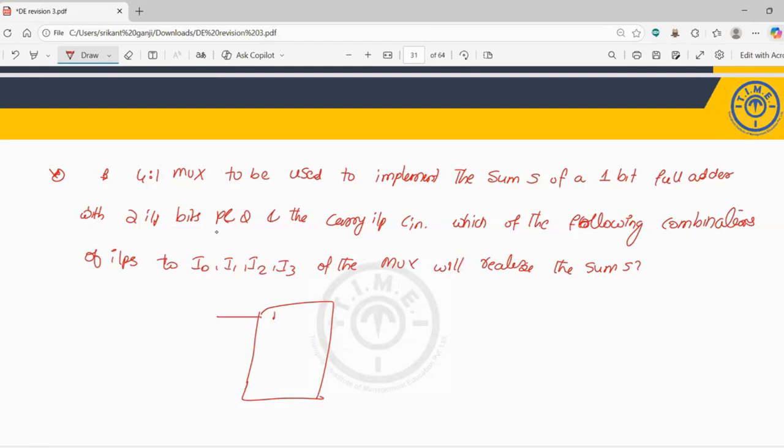This is I naught, I1, I2 and I3. The selection switches are S0 and S1, PQ. Option B is where I0 is equal to I1 is equal to C input, I2 is equal to I3 is equal to C input bar.